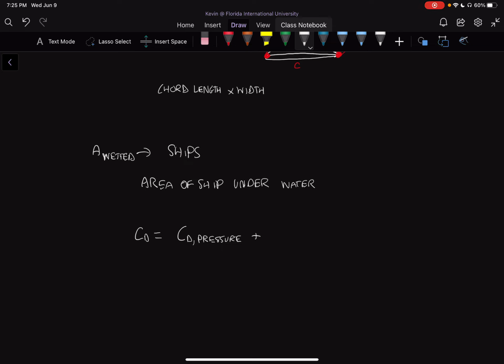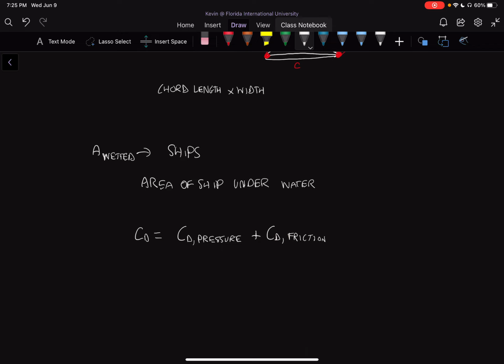So this is led by pressure drag. And then the other type of drag is the drag due to friction, which we've already talked about in our flat plate bodies. Okay, most of the coefficient of drag comes from the friction in a flat plate.